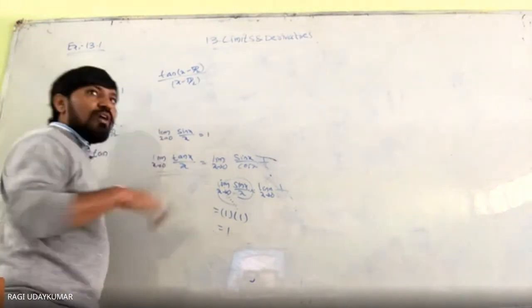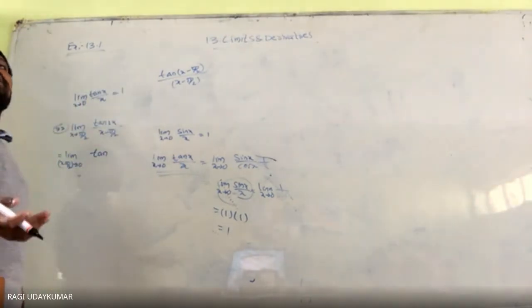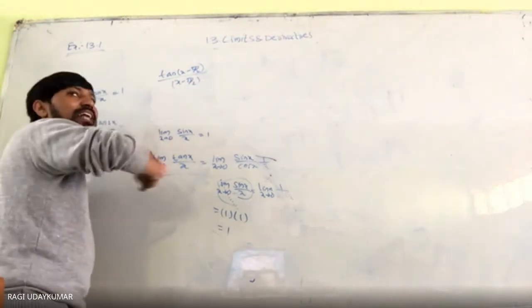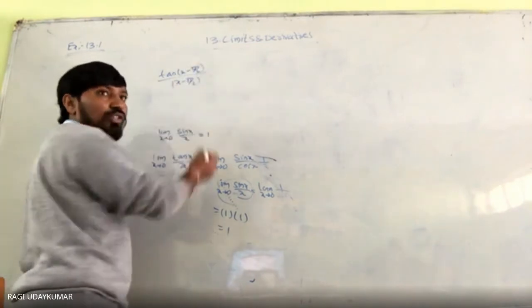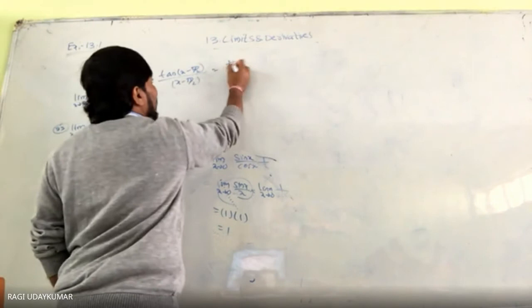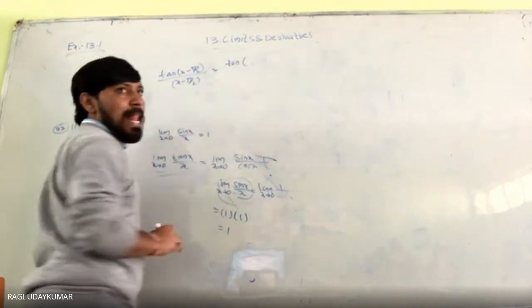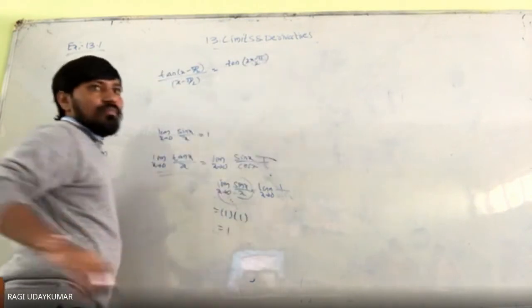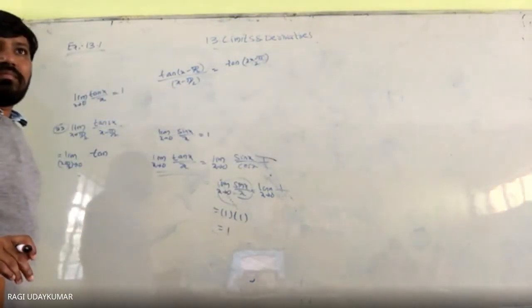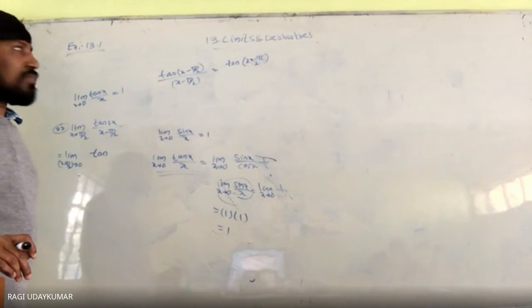So if you are not having it like that, to convert into that form, you need to work back. Suppose you are not getting an idea, this is what we need, so what will come from this? Tan 2x minus 5 by 2. What can you write here?